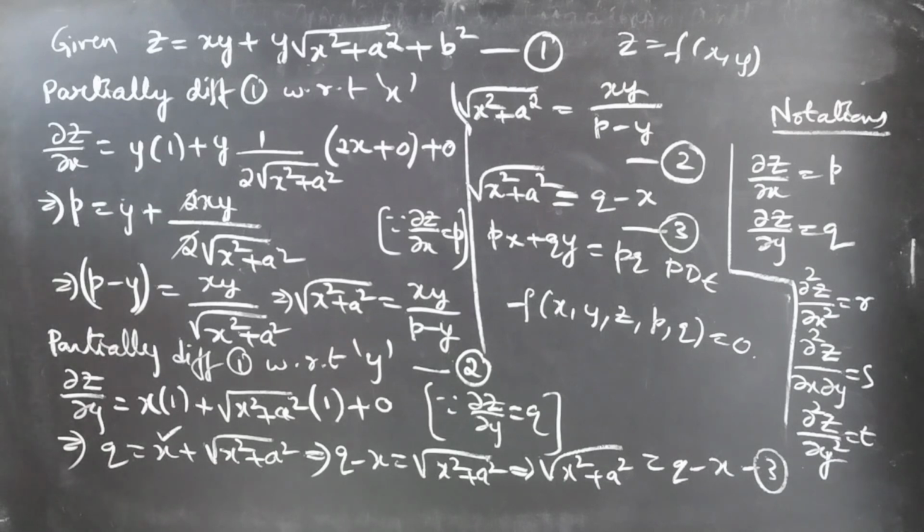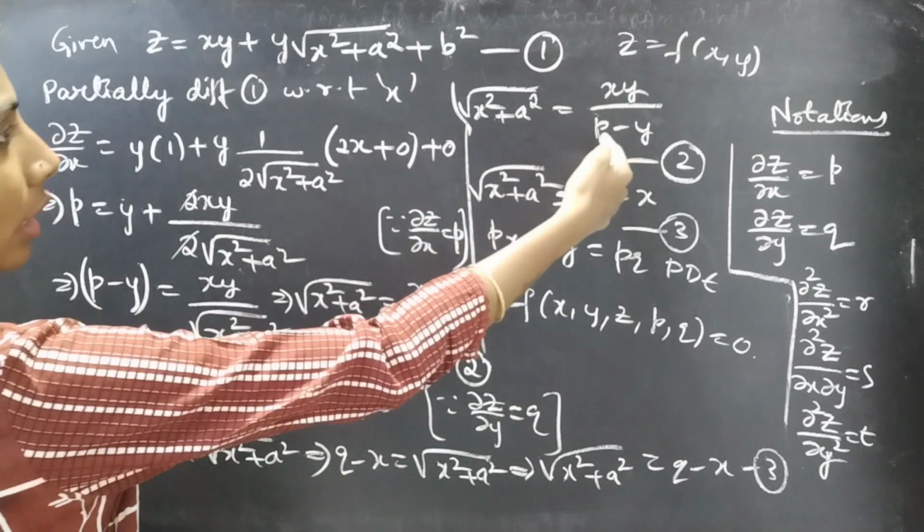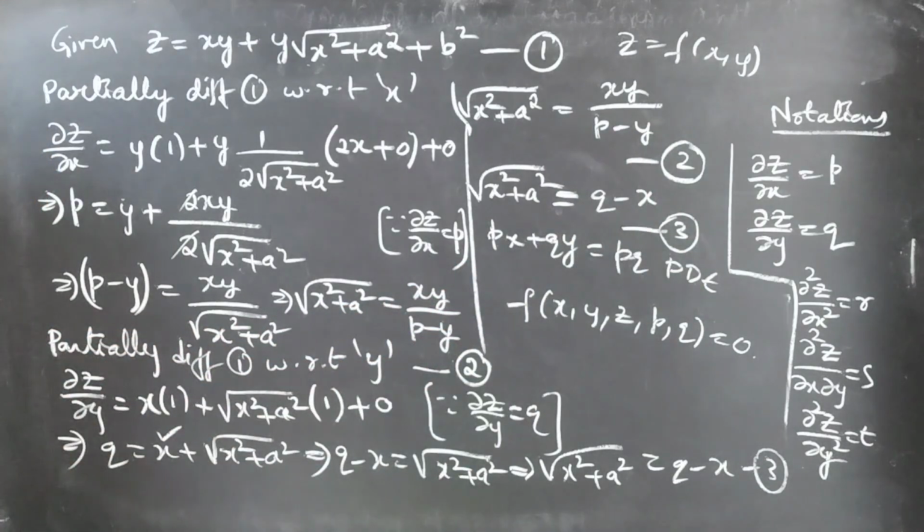Now observe 1, 2 and 3. It is clear that by substituting 2 or 3 in 1, the arbitrary constants a and b won't get eliminated. So what we'll do is, we'll just observe 2 and 3. From this we will come to know that we can equate xy by p minus y equals q minus x, right?